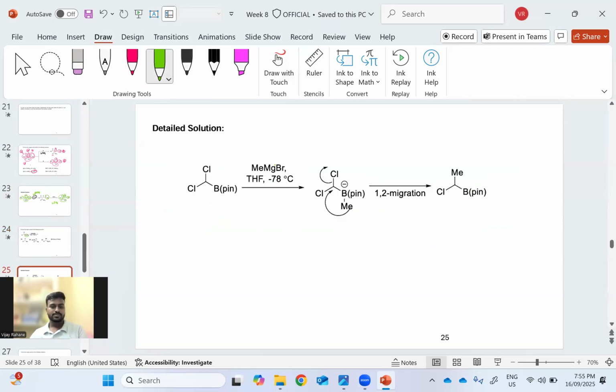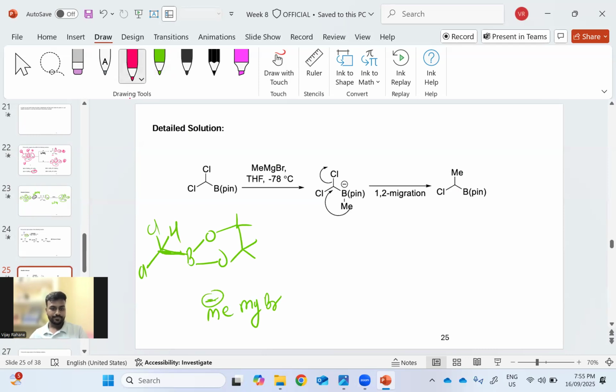If I elaborate the structure, it will be the B pinacolato borane, and there is again one hydrogen. On addition of methyl magnesium bromide, the negatively charged methyl attacks this electrophilic boron.